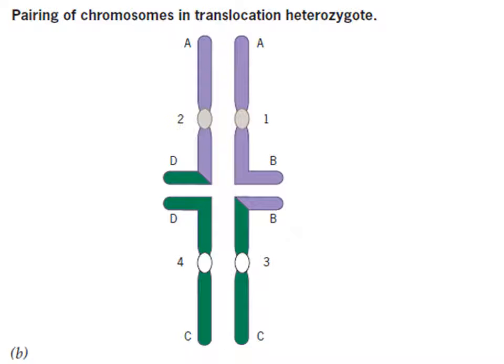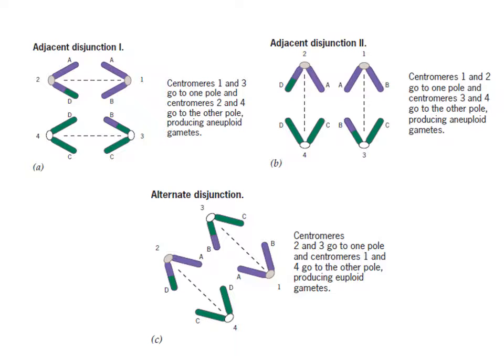The pairing of chromosomes in translocation heterozygote occurs in this way as it is depicted in the diagram. A small portion of one chromosomal segment will be given to the other, and a small portion from that second chromosome will be taken back on the third chromosome.